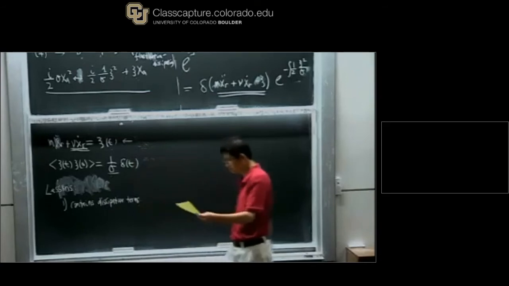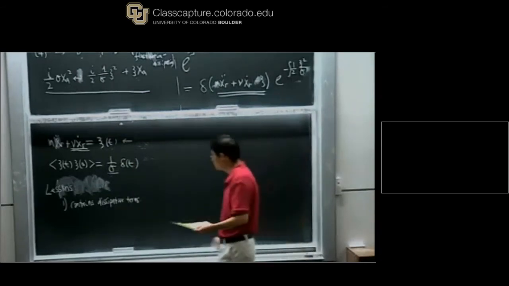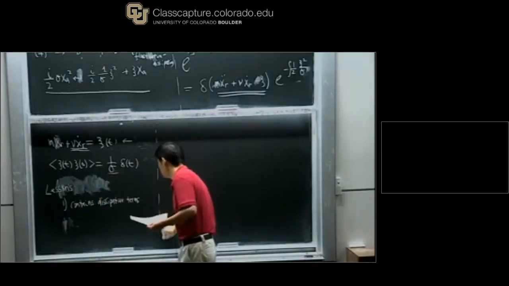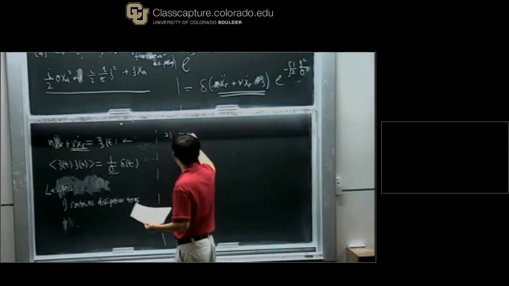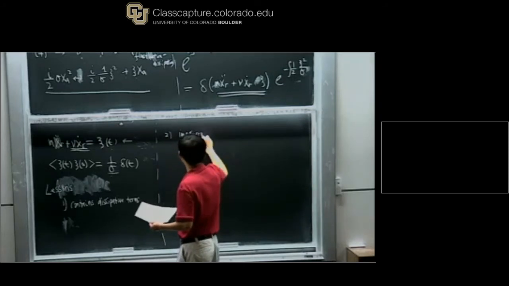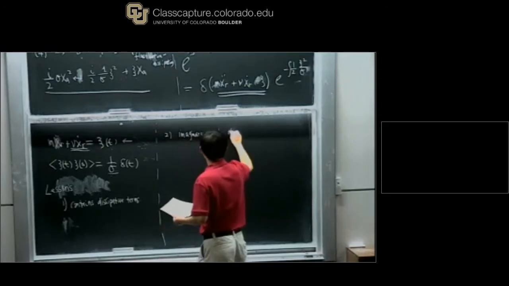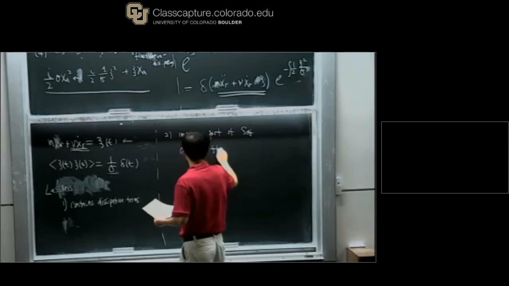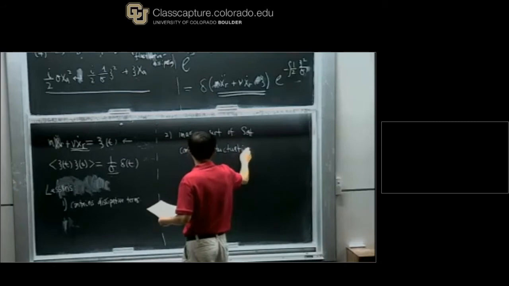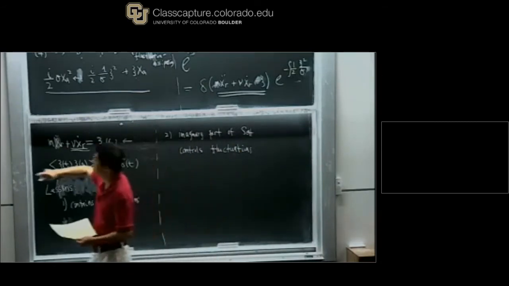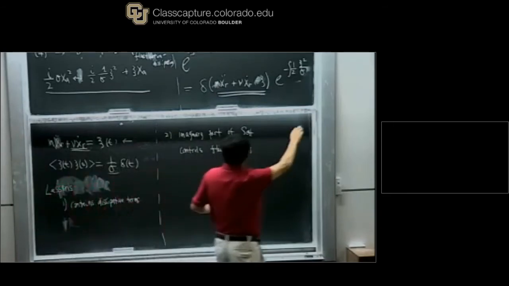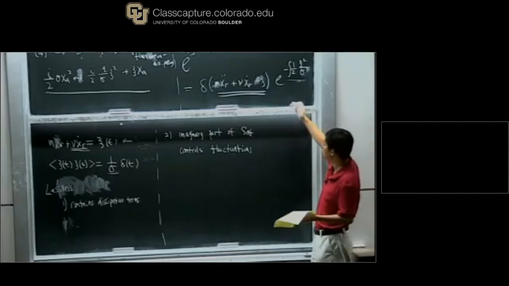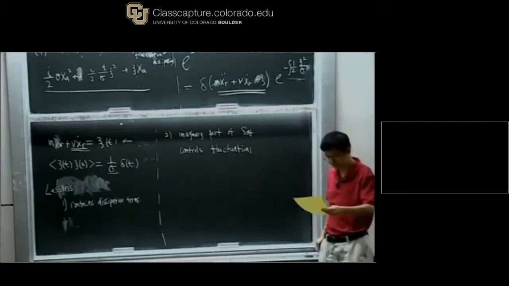The second lesson is that the imaginary part of the action controls fluctuations. We see that this imaginary part of the action becomes essentially the Gaussian fluctuation of this stochastic force, and so the imaginary part controls the fluctuations.